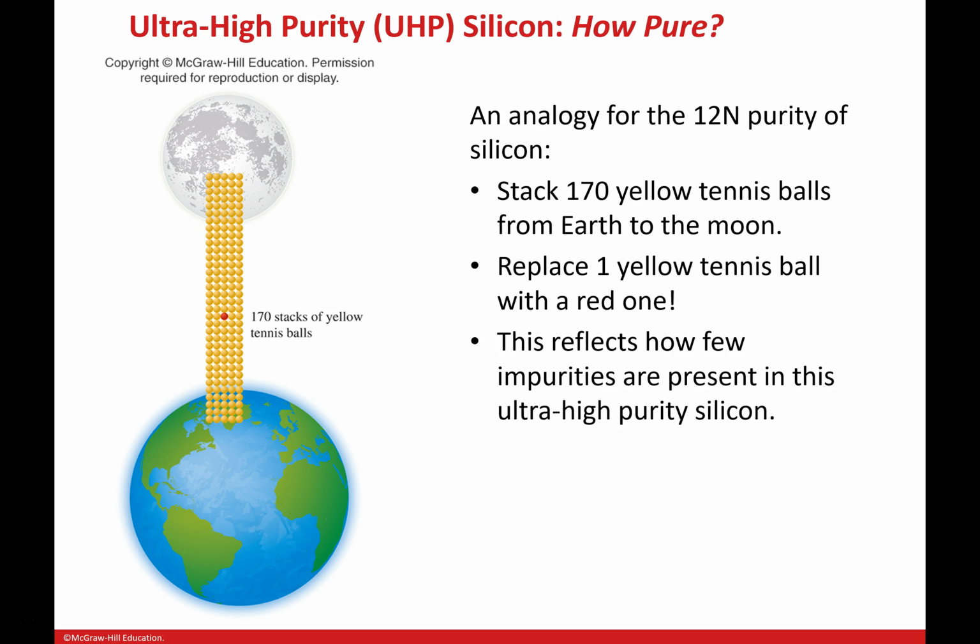So it only takes 170 tennis balls to get to Earth? No, that's written weird on your slide, which would be 170 stacks of yellow tennis balls. Yeah, this is the publisher's, but yeah, it is weird, I agree. But to me, that's what they're saying.